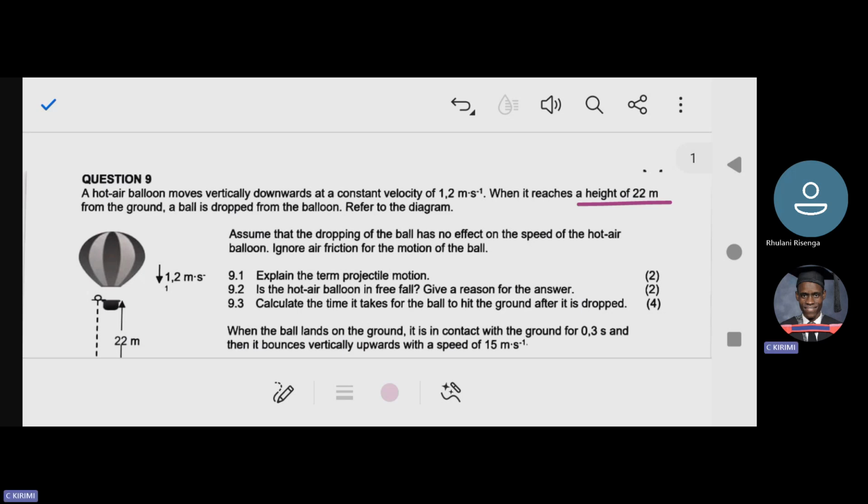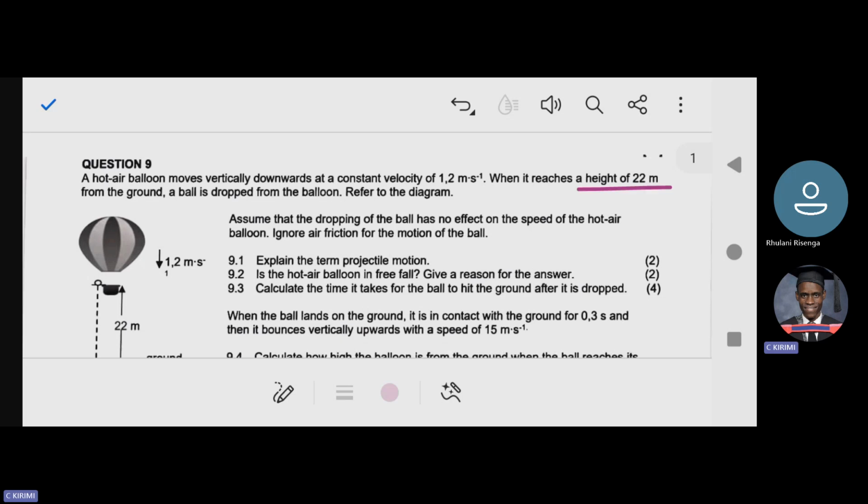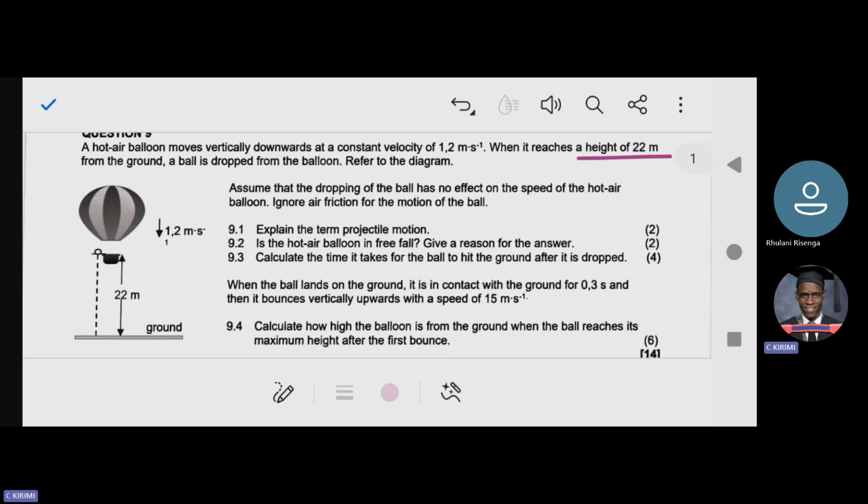Okay, so if a ball is dropped, when the ball lands on the ground, it is in contact with the ground for how many seconds? 0.3 seconds. And then it bounces vertically upwards with a speed of 15 meters per second.